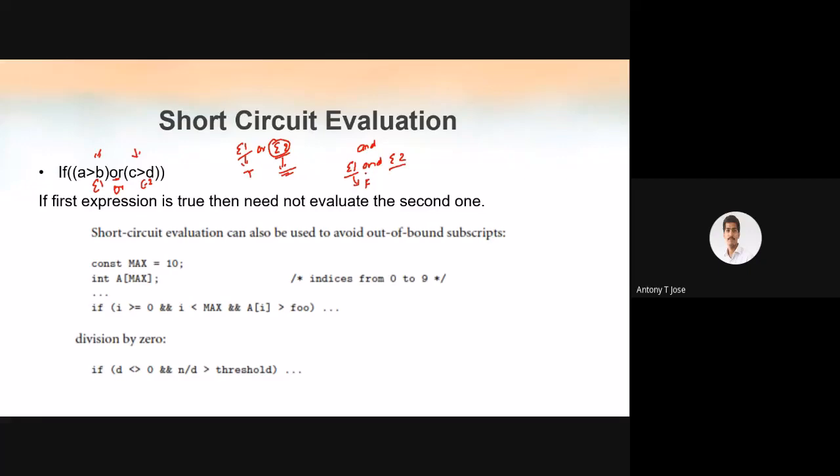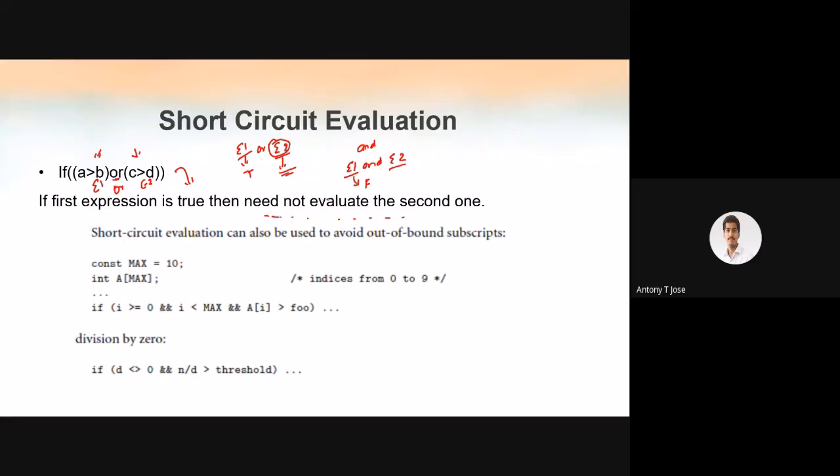So this is short circuit evaluation. If the first expression is true in an OR, you need not evaluate the second one. Likewise, with an AND, if the first one is false, I need not go on with the other expressions.